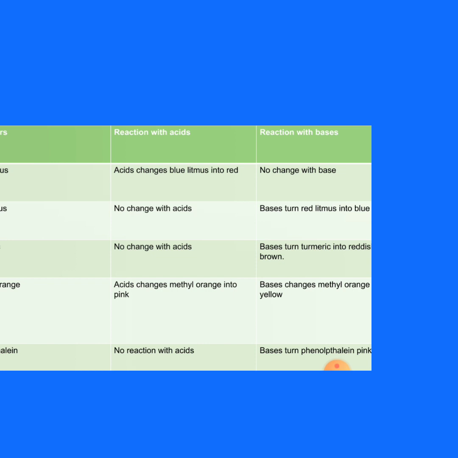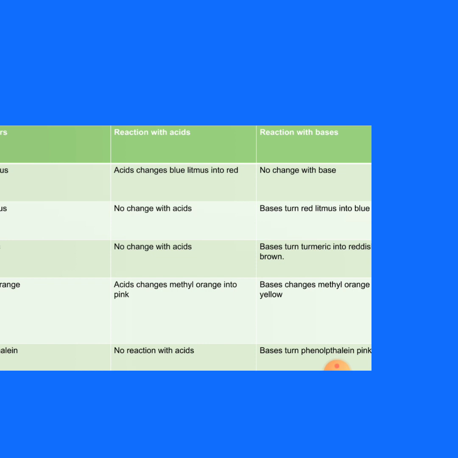Similarly, turmeric will have no change in the color with acid, but it turns into reddish brown with the base. Similarly, methyl orange, an orange dye, when it reacts with the acid, it changes into pink, and when it reacts with the base, it changes into yellow. Similarly, phenolphthalein does not show any reaction with acids, but it turns pink with the base.